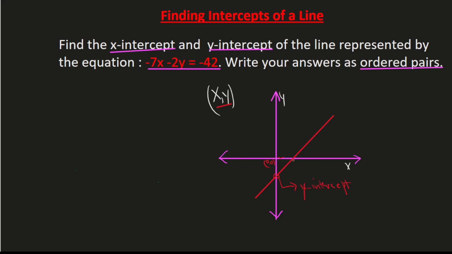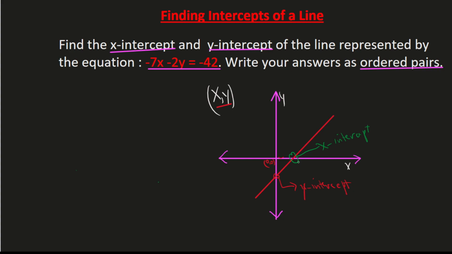And over here, as you can imagine, this is going to be the x-intercept. That's where the graph crosses the x-axis. We call this one here the x-intercept. All right, so now you understand what x and y-intercepts are.